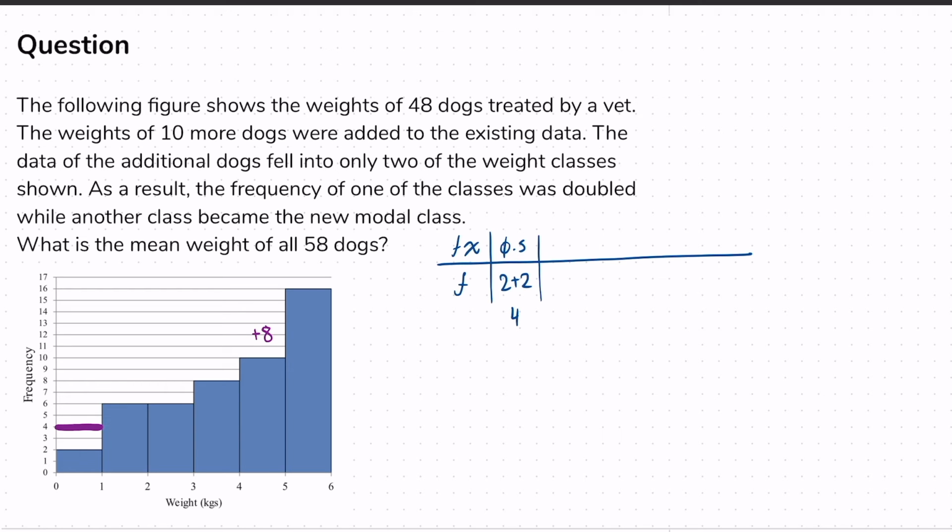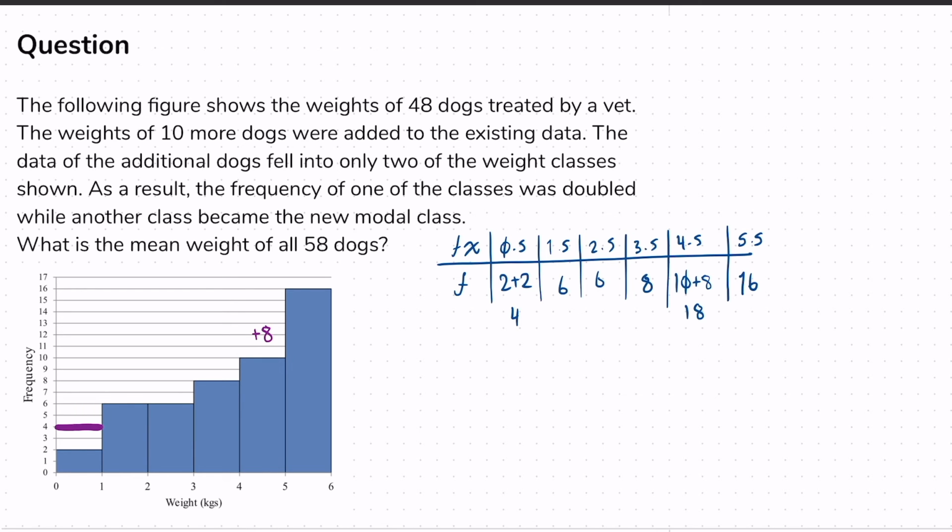So let's call that 4. 1 to 2, 1.5, that stays the same. 2.5 stays the same. This next one, 3.5, is also staying the same. It's not until we get to 4.5 that we're adding the 8, taking it now to 18. Finally, 5.5, my previous modal class, is at 16. So I've added 2 and 8, taking the number of dogs from 48 to 58.